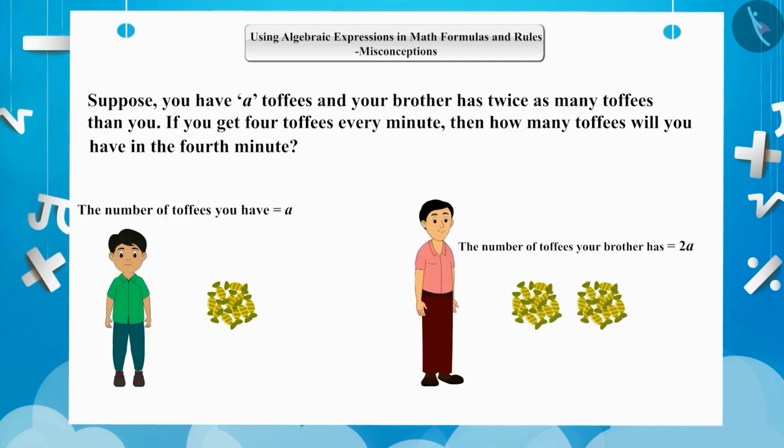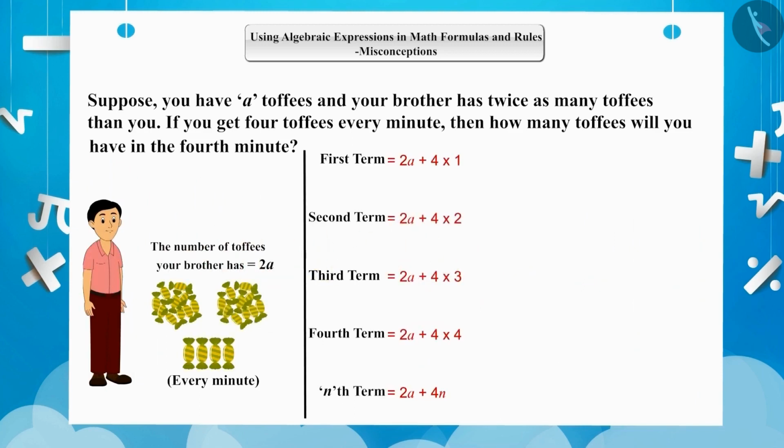Note that in the beginning, your brother had twice as many toffees as you. But every minute, your brother got the same number of toffees as you, which is 4. Sometimes, children also double the number of toffees they get every minute, which gives them the first term like this: 2a plus 4 multiplied by 2, that is 2a plus 8, which is wrong.